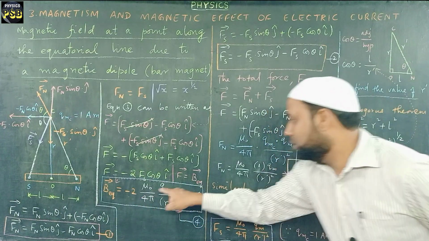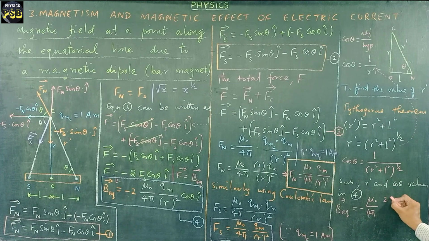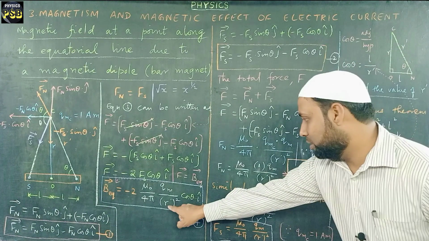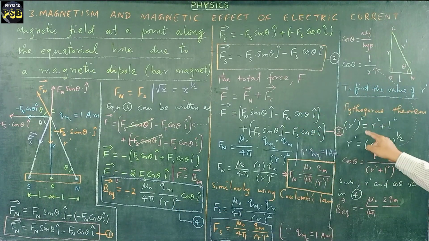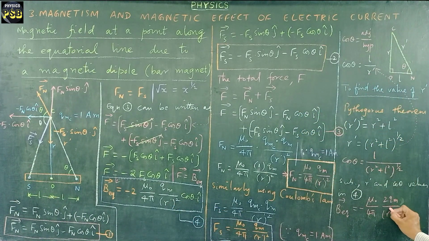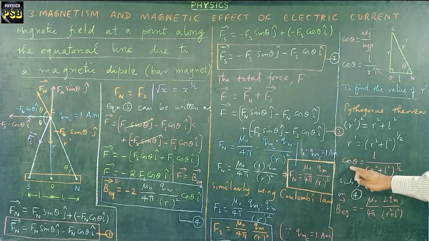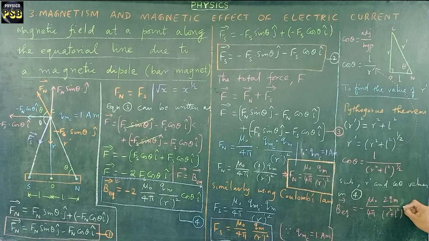I write this 2 along with the QM, 2 QM divided by R dash square, which is R square plus L square, multiplied with the value of cos theta. That's nothing but L upon R square plus L square power half.